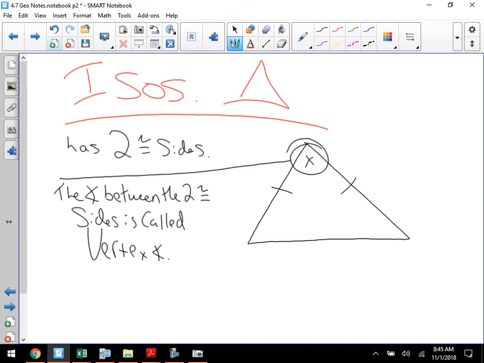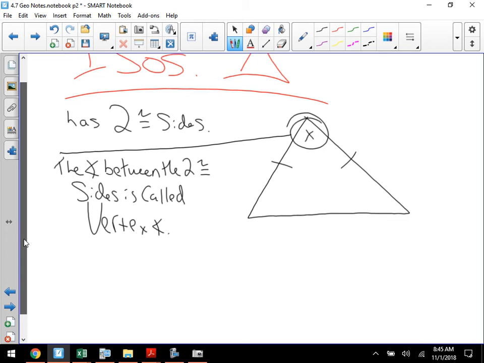The vertex angle is always the second letter when you name an isosceles triangle.